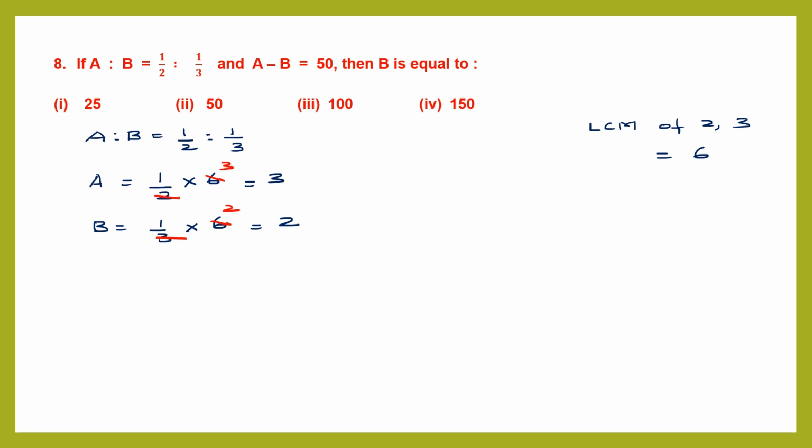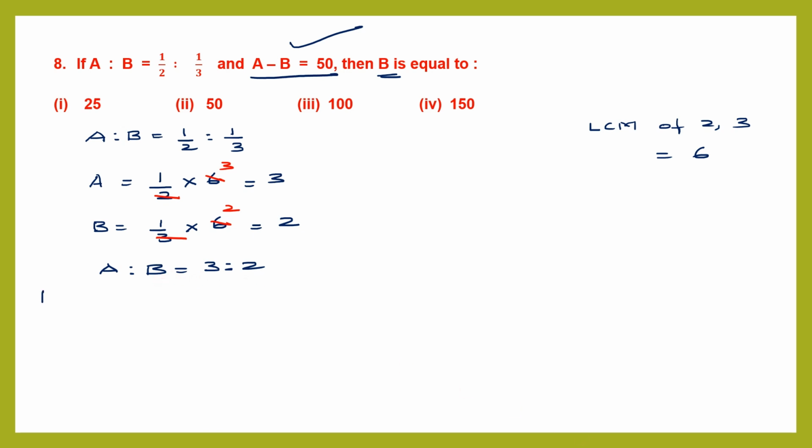So when we write this as a ratio, A is to B is equal to 3 is to 2. Now we're also given A minus B is equal to 50 in the question, isn't it? To find the value of B, we're going to look again at this A is to B and consider A to be 3x and B to be 2x.